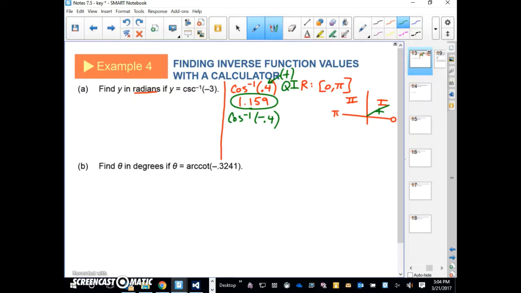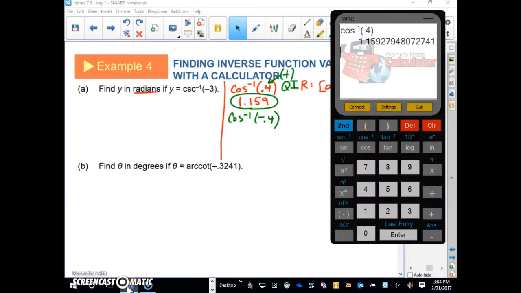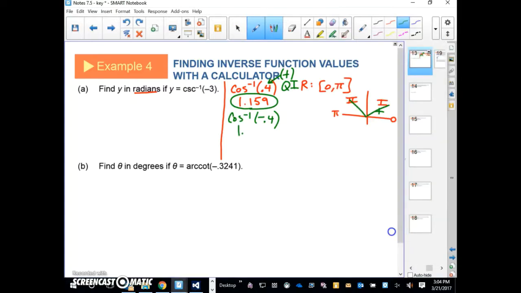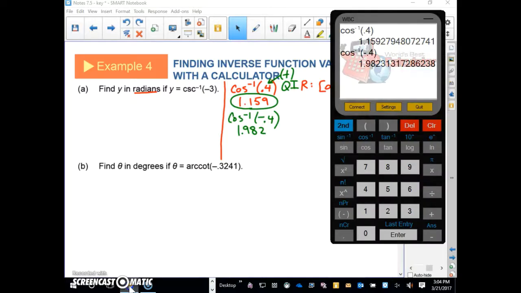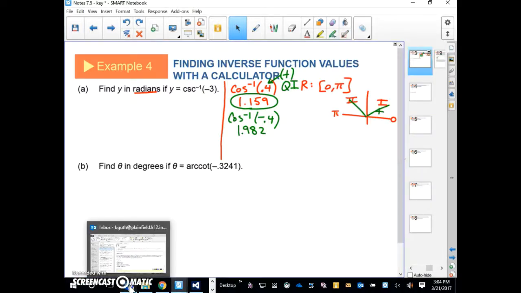that would have put us in the second quadrant. Okay, and so if you think about what's going to happen in the second quadrant, let's just use our calculator and see what happens. So we've got inverse cosine of -0.4, which gives us 1.982. Now that seems like it's different. That seems a little bit confusing, but it really should be the same kind of result.